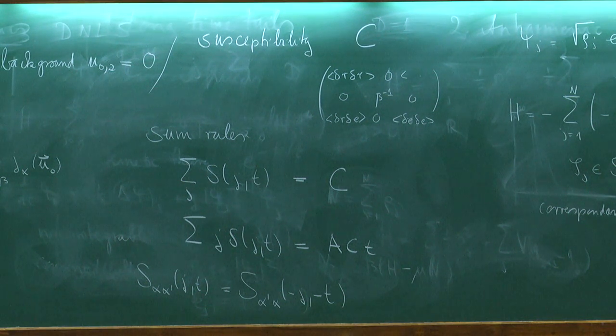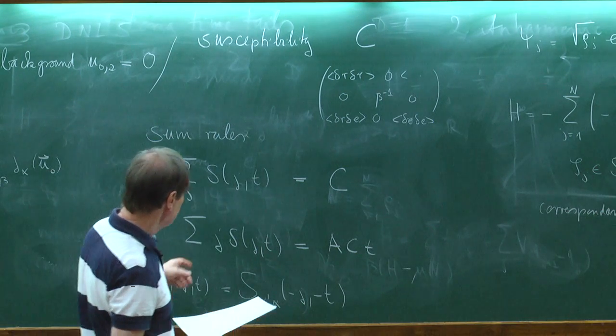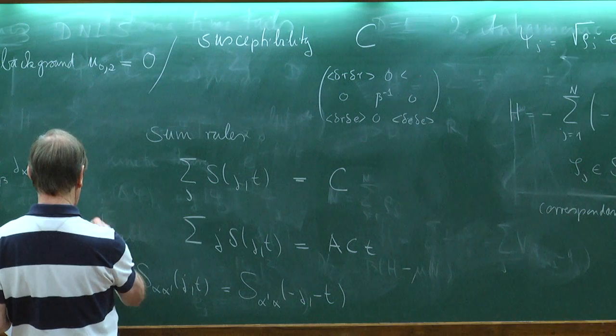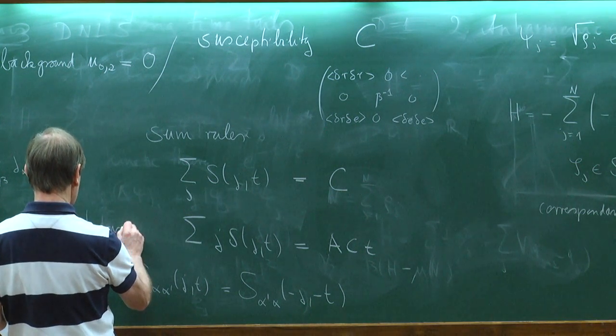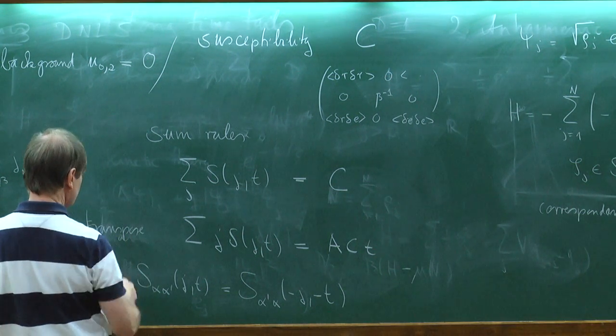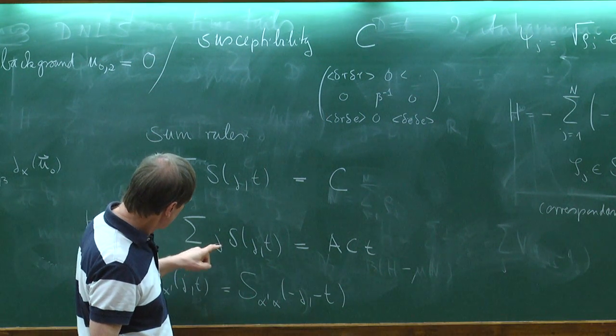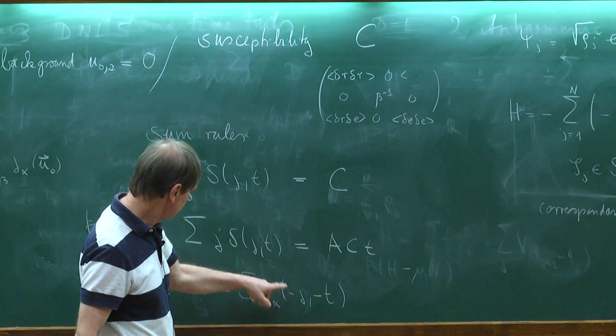And so what I can do now is take the transpose of this equation. When I take the transpose and use this formula, I get a minus J here.